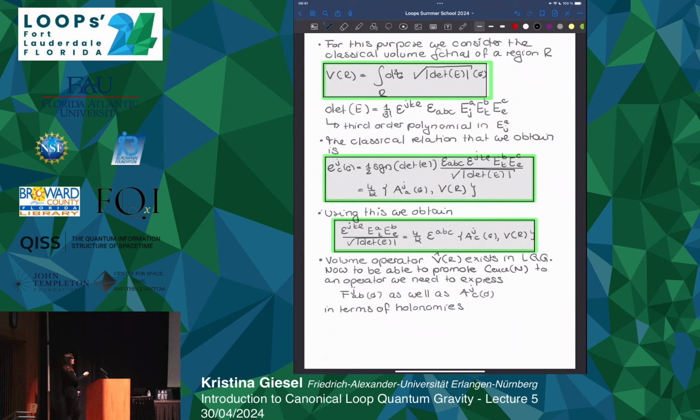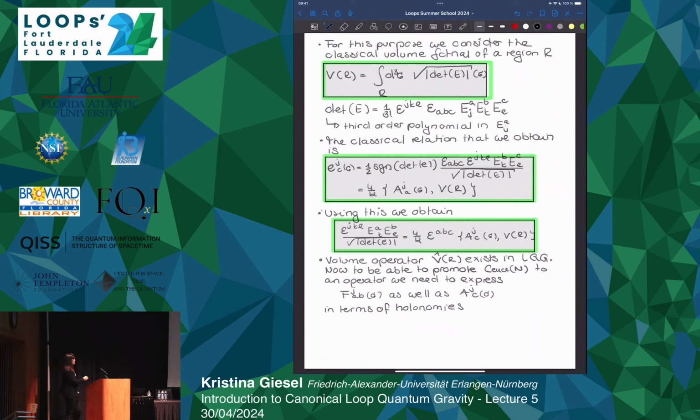And then I would end up with a second order polynomial because one of these densitized triads is cancelled by the functional derivative. And if one does this, one can rewrite the expression that we are interested in as a Poisson bracket between the conjugate variable of the densitized triad, which is the Ashtekar-Barbero connection, and the volume functional.